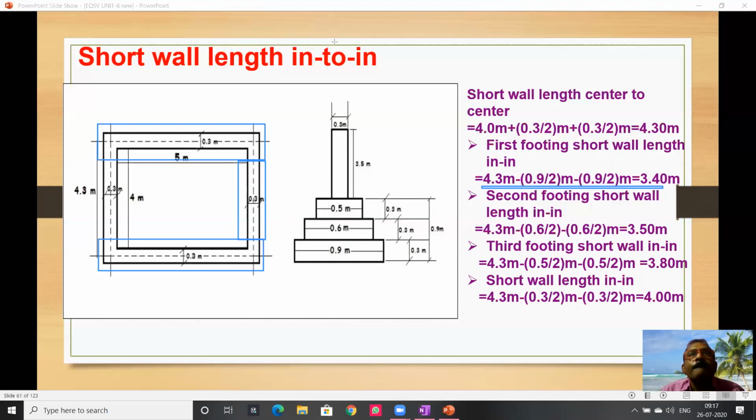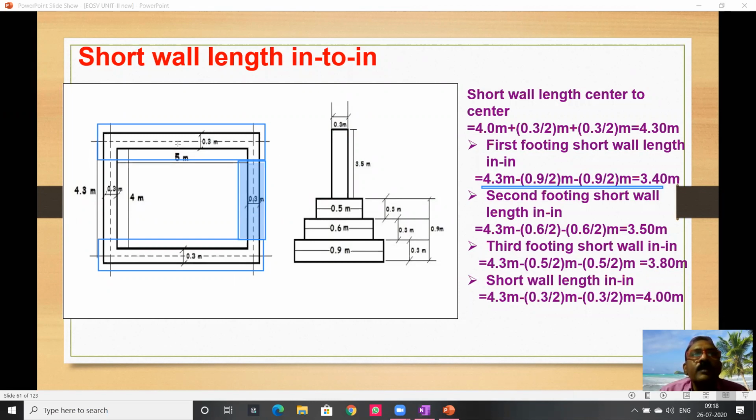Here, this is the short wall. We have to calculate. How to calculate? You know, center to center length minus this half of width of foundation. So this we have to calculate because already excavated. We will not calculate it again.